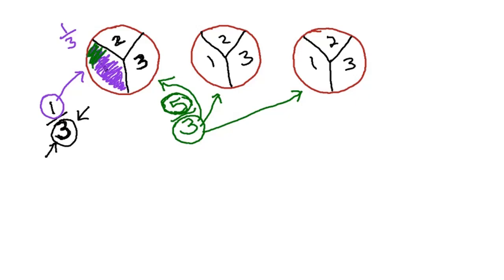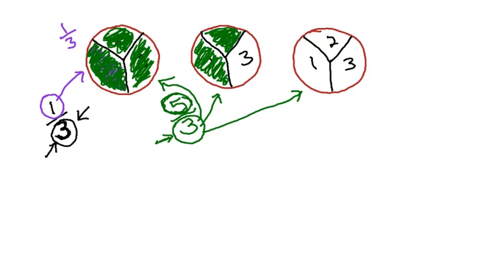So 1, 2, 3, 4, 5. 5 pieces of pizza, and each pizza is divided into 3 pieces.